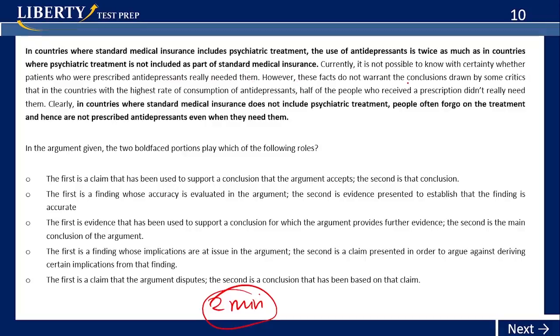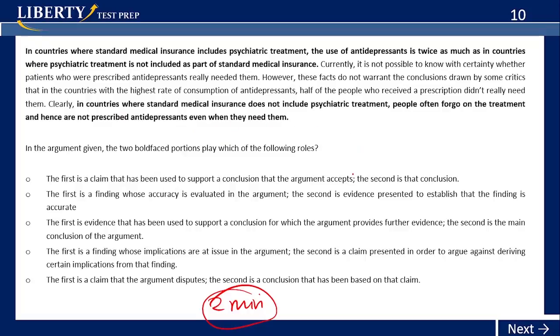However, these facts do not warrant the conclusion drawn by some critics that in the countries with the highest rate of consumption of antidepressants, half of the people who received a prescription didn't really need them. Clearly, in countries where standard medical insurance doesn't include psychiatric treatment, people often forgo treatment and hence are not prescribed antidepressants even when they need them.